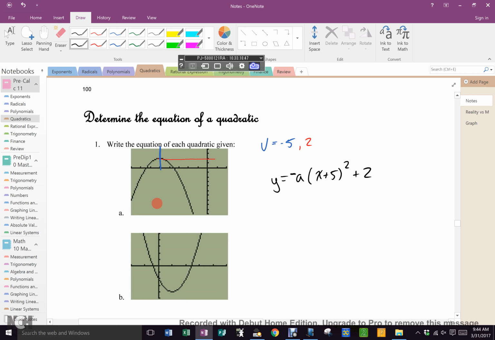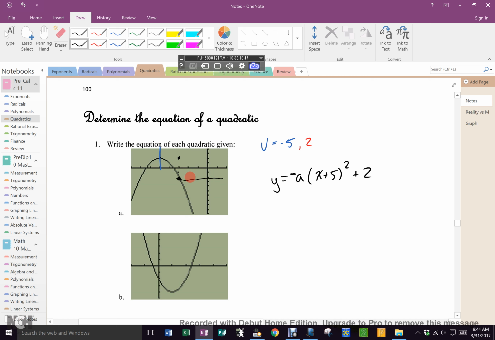Now, all I got to do is check. If I went over 1, how far down did I go? That's a little hard to see on here, yes? So let's check the next one. If I go over 2, how far down should I go? 4. 1, 2 to 0, 1, 2. Did I go down 4?